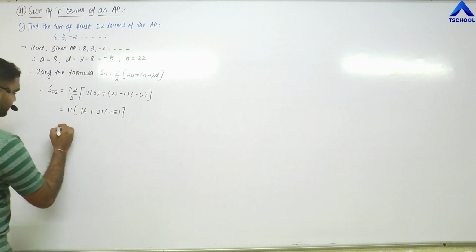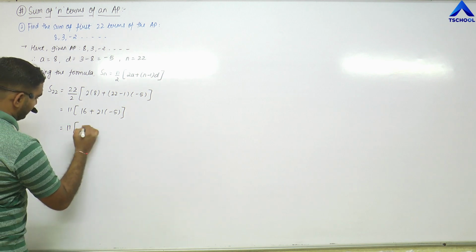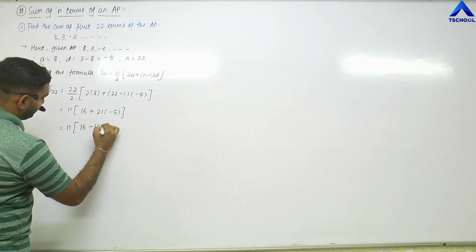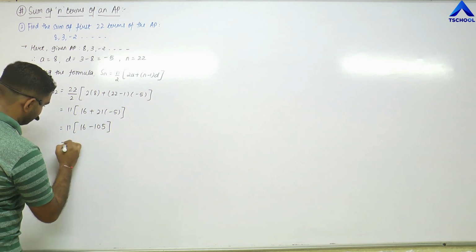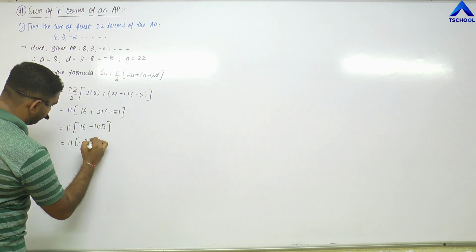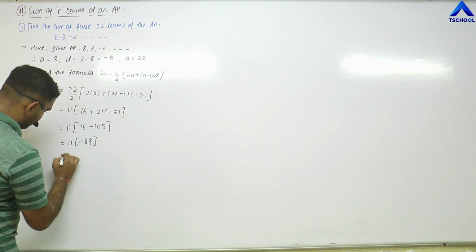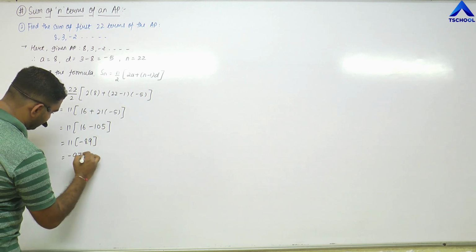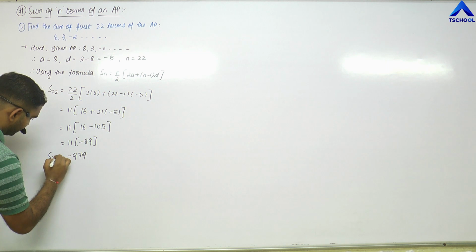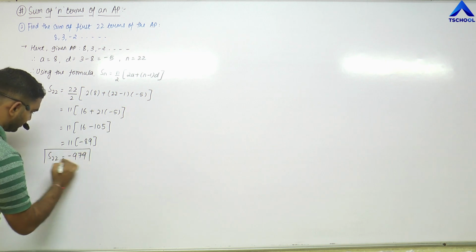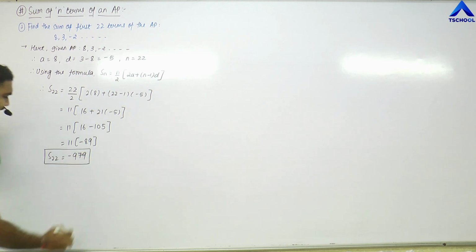So that becomes 11 into 16 minus 105, that is equals 11 into minus 89, which is equals minus 979. So S22 here you will get as minus 979 for the given arithmetic progression.